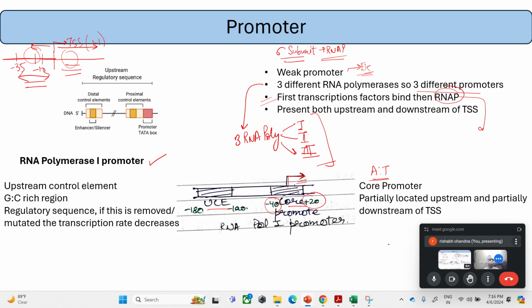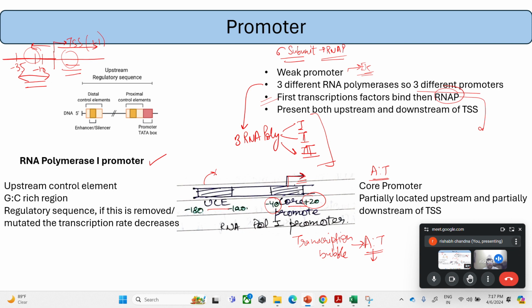And as we have discussed in prokaryotic transcription also, the region where the transcription bubble starts would be mostly AT rich, because it has only two hydrogen bonds. So it would be easier to break these bonds and form a transcription bubble. Okay. Then we have the upstream control element.